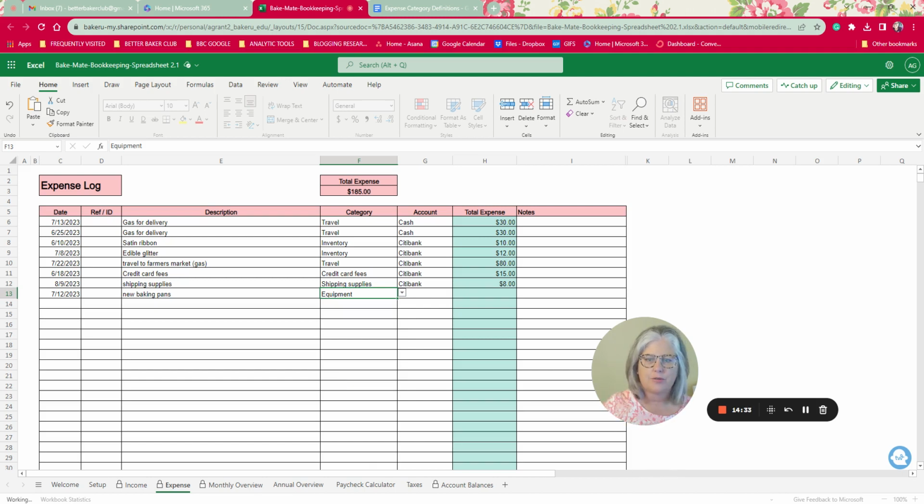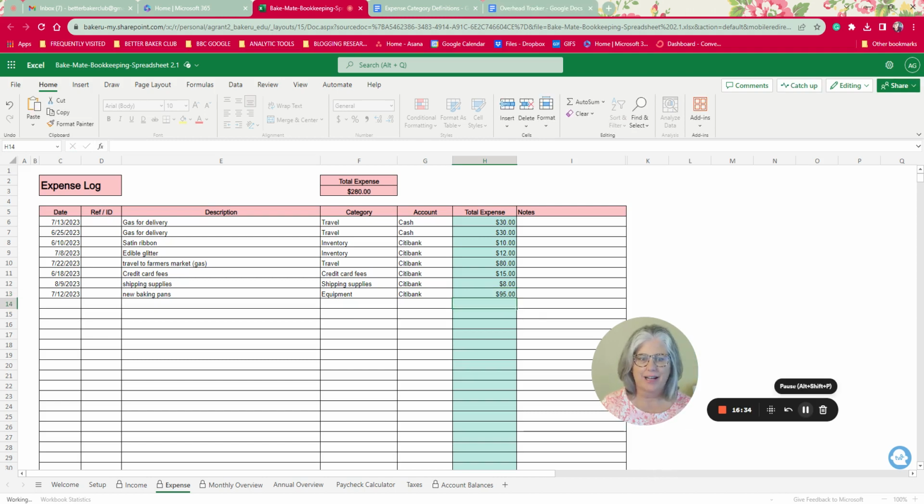So if I were using cupcake liners, part of those would end up in the finished product, and it is considered an inventory item. But my baking sheets, I get to use over and over, and that's considered equipment. And I paid for that with my Citibank, and that was $95.